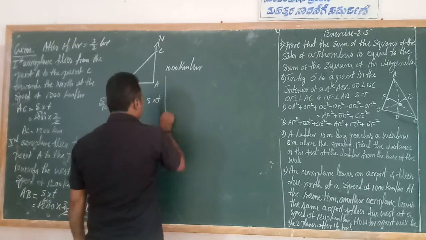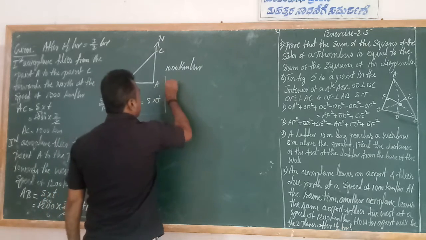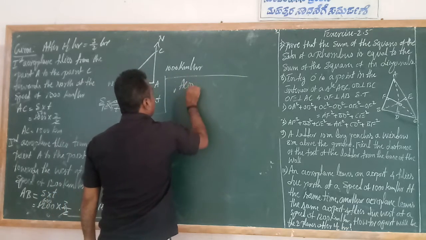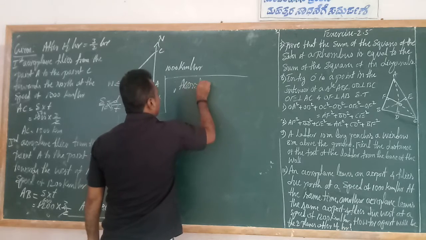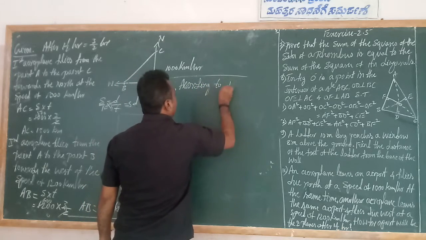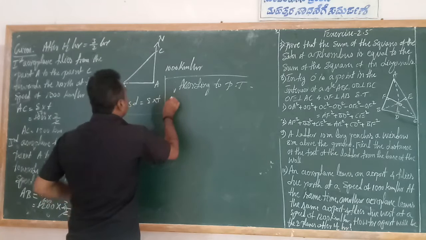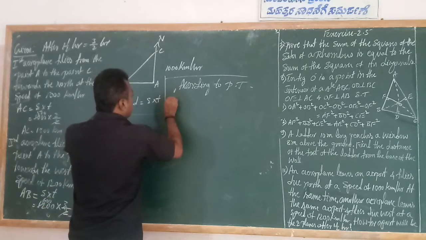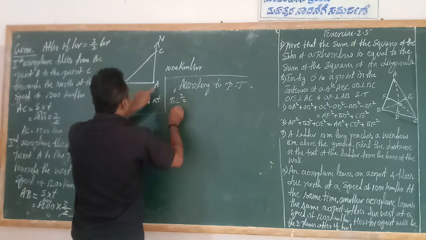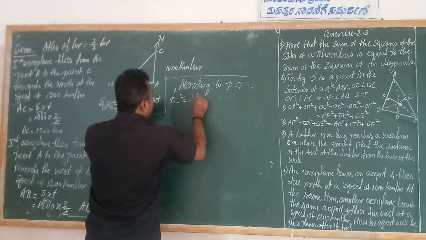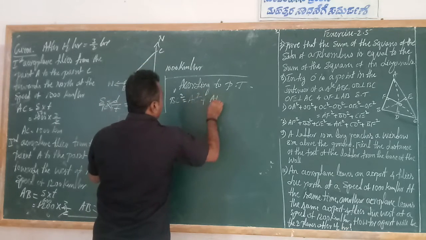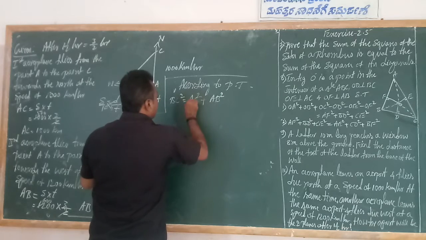According to Pythagoras theorem, BC square is equal to AC square plus AB square.